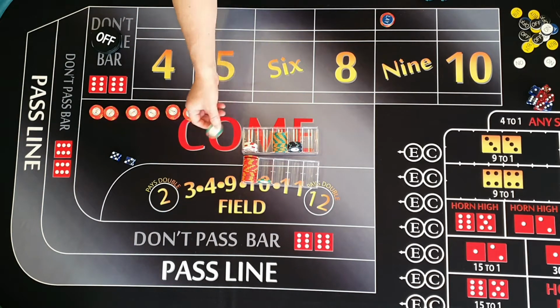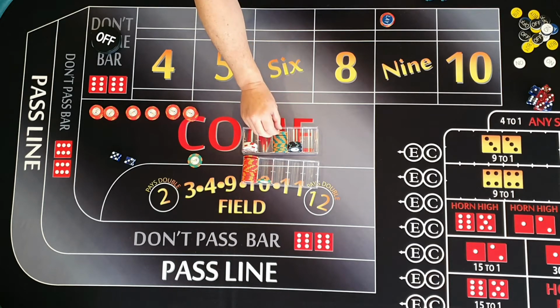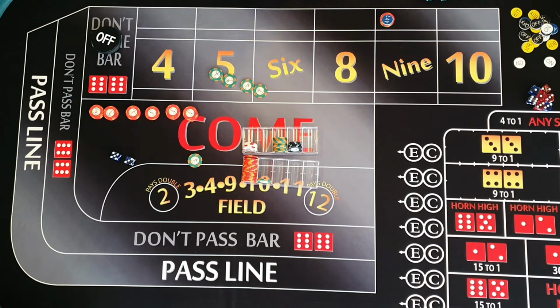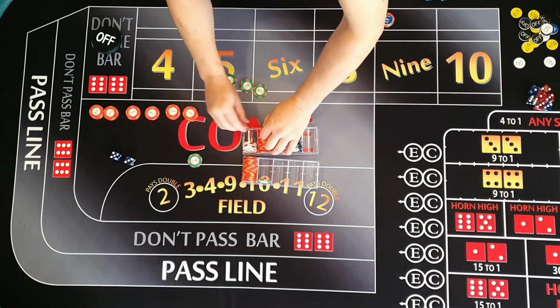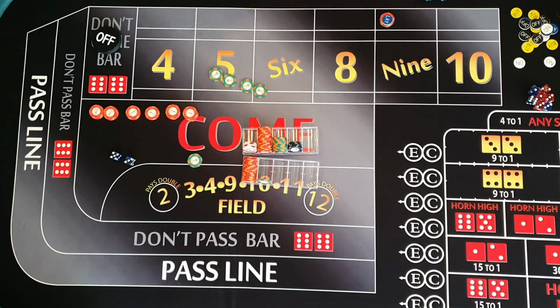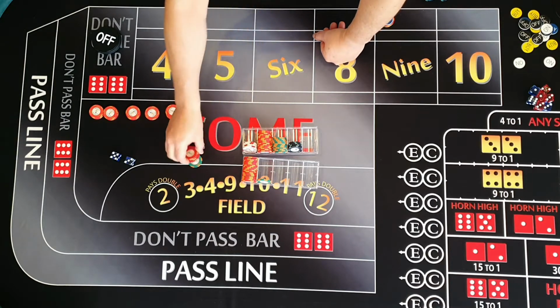So we're at the $20 level. We need to go to the $40 level. So what I'm going to do, I'm going to hand the dealer 100 there, and I'll get a whole lot of reds. Get $100 in reds because I think we'll need them. All right. So need to put down 40.